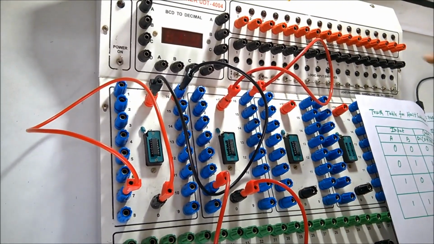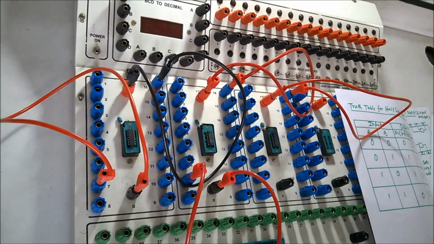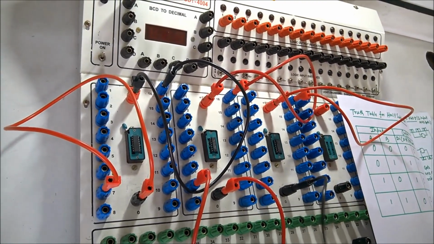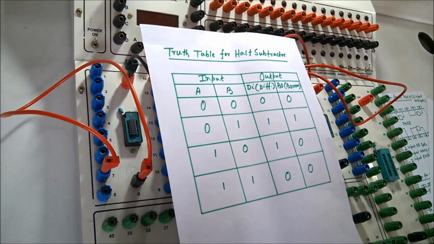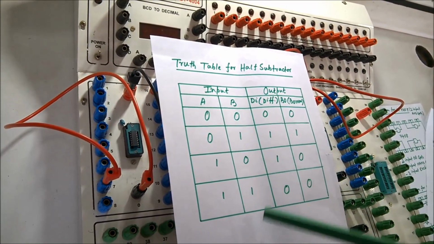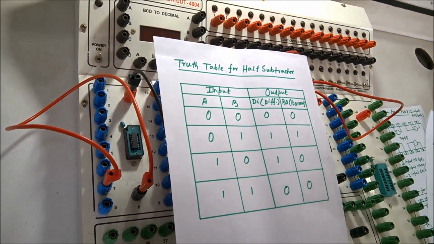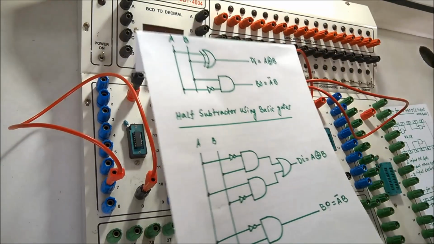Here also, for the NOT gate, it is the same. After connecting this, we are going to realize the truth table we already mentioned. Now, after the designing, we got the design here.